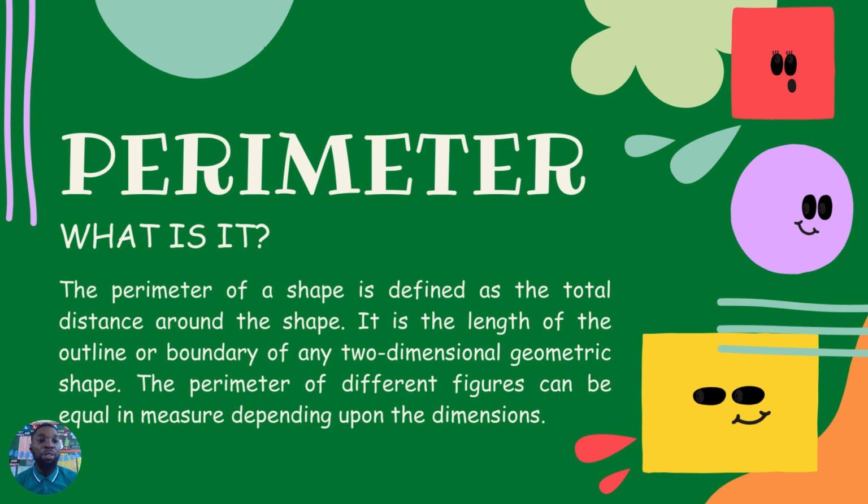The perimeter of different figures can be equal in measure depending upon the dimensions. Based on the definition, you can see it is the total distance around the shape. That is why for your perimeter you just have to sum up the total length of the sides of your shape.